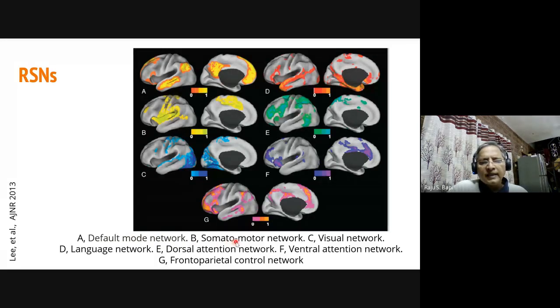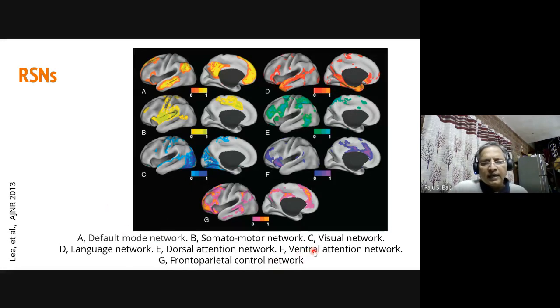And there are other networks, the somatomotor network, for example, B, where in the lateral and the medial view you see that this motor and sensory strip is active; both motor, premotor, and sensory areas are active in this network. And there are other networks that are identified: attentional networks, executive control networks, language networks, visual networks. The names of these are somewhat different now.